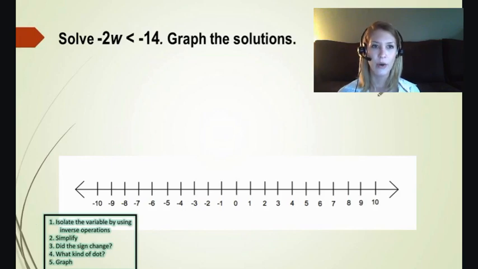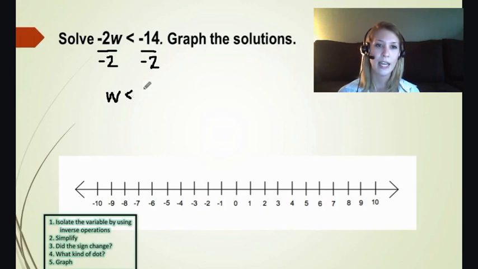So let's go ahead and isolate the variable w. In order to do that, we need to use inverse operations by dividing both sides by -2. That simplifies the left side of our inequality to be w is less than a +7. Now, since we divided by a negative value, our graphing symbol is going to flip.